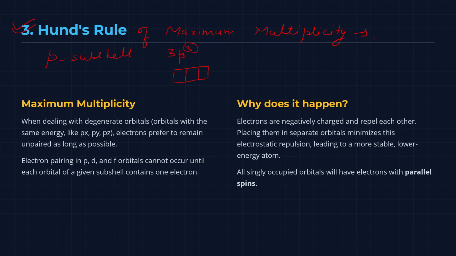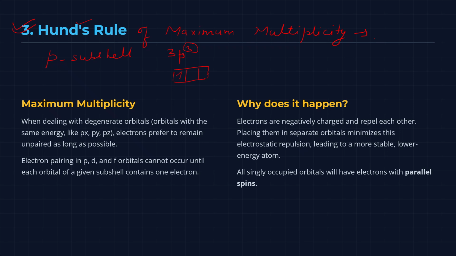So when these 3 electrons are to be filled, we have to follow Hund's rule. Hund's rule says that electron pairing will not take place in the orbitals having the same energy until each orbital is singly filled. Until each orbital is singly filled means first we have to arrange these 3 electrons like this.